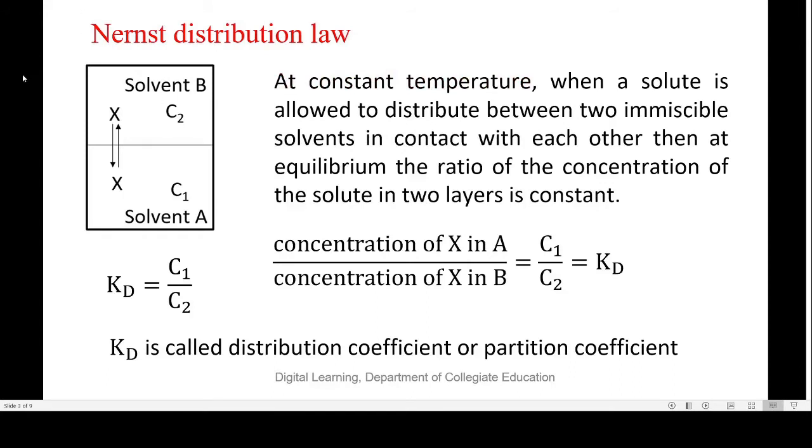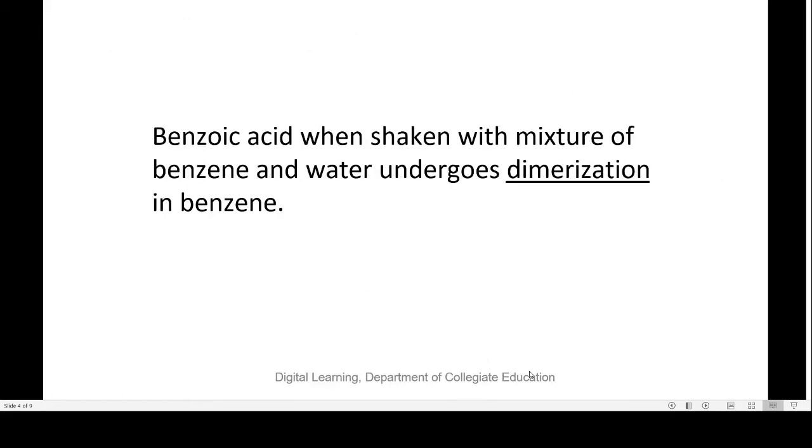Since we know, the Nernst distribution law can be stated as: at a given temperature, when a solute is allowed to distribute between two immiscible solvents in contact with each other, then at equilibrium, the ratio of concentration of the solute in two layers is constant. This constant is known as distribution coefficient or partition coefficient.